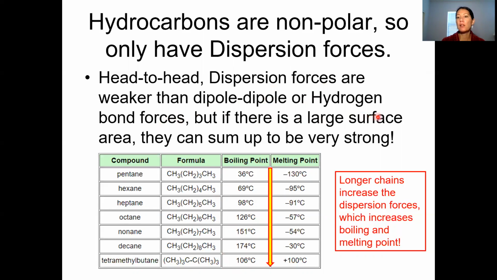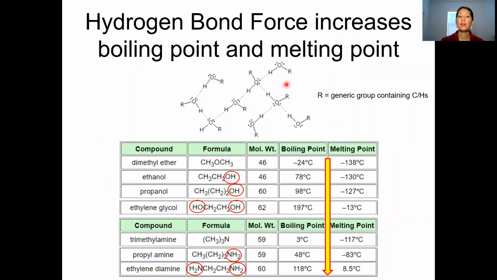But if you have a really large surface area, they can sum up to be very, very strong. Here's an example of hydrogen bonding. And these have OHs. If you increase the number of OHs, you increase the boiling point. If you increase the number of NHs, you also increase the boiling point and melting points as well.